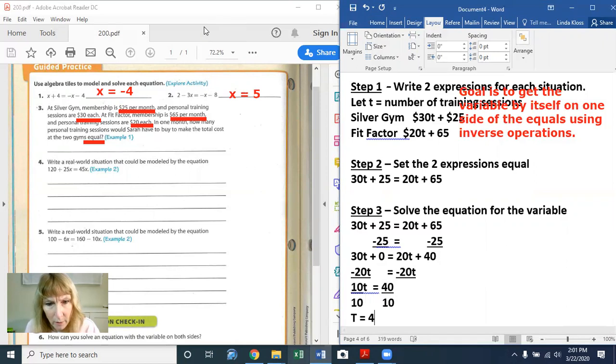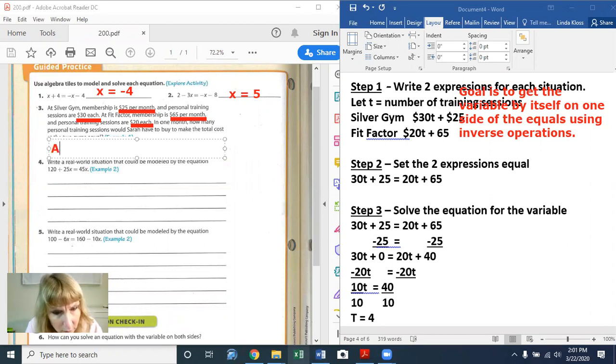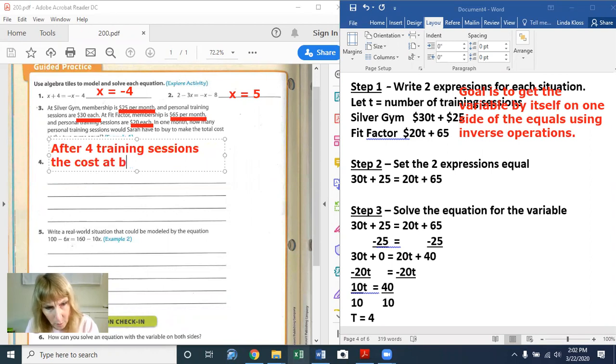So my answer then is, after 4 training sessions, the total cost at both gyms will be equal.